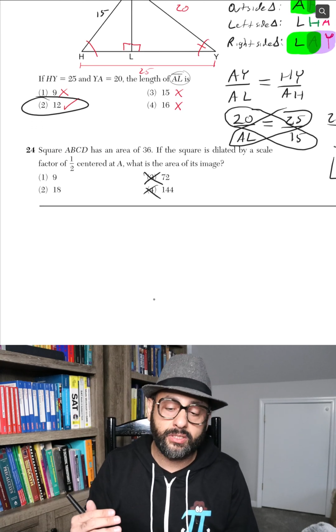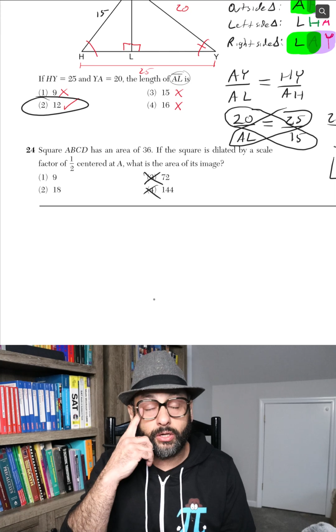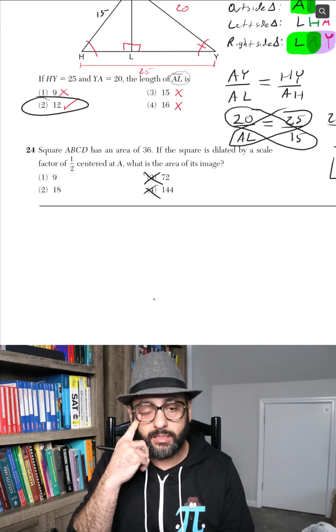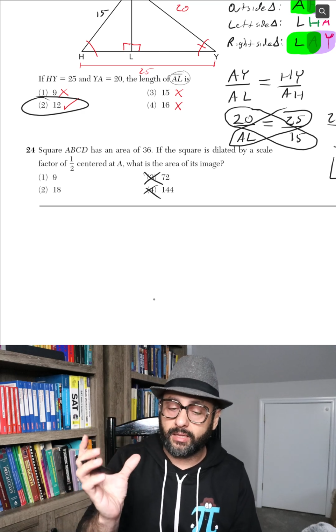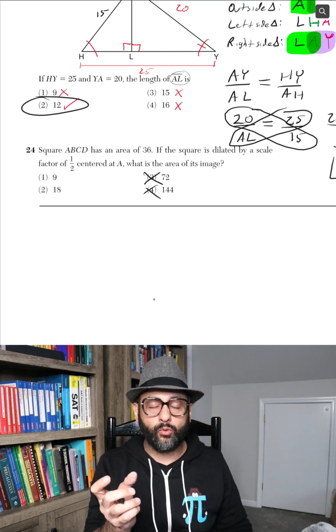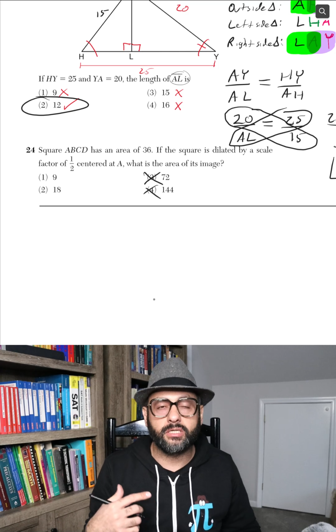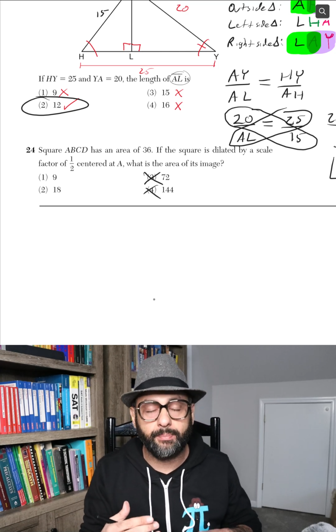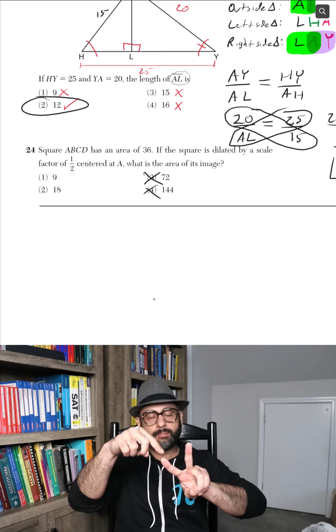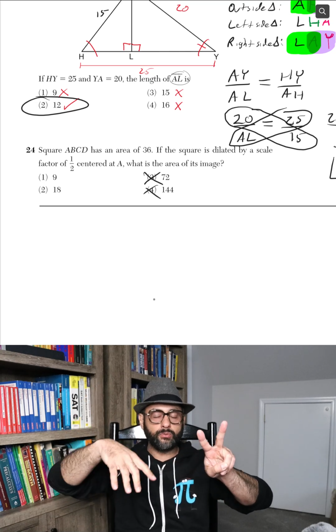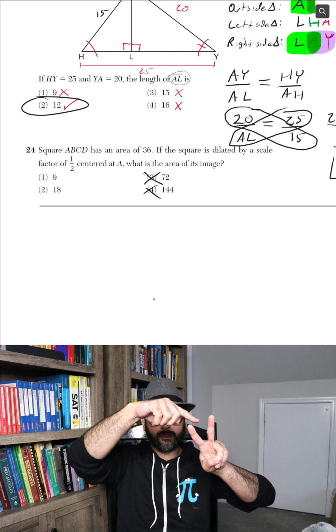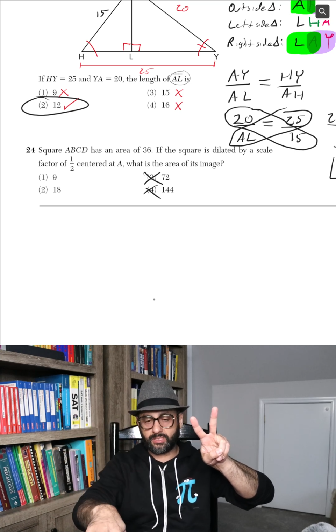There's actually a lot of ways of doing this problem. The linear square cube law says that if the lines are scaled by a factor of 1/2, then areas are scaled by a factor of 1/2 squared because areas are 2-dimensional. The exponent is 2. So the scale would be 1/2, which is the scale factor.